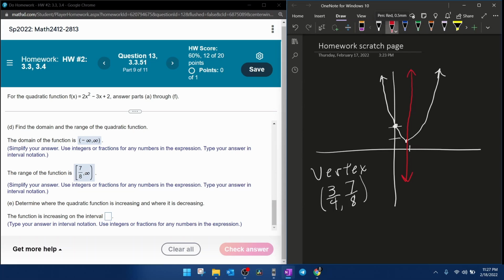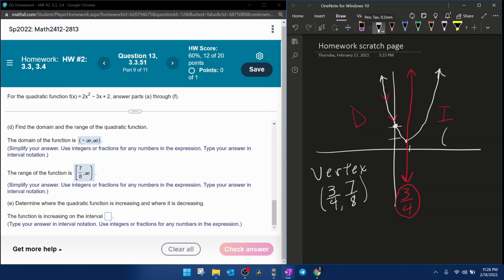That is the line that cuts the parabola in half. We know that this vertical line occurs at an x-coordinate of 3/4. We can tell by examining the graph that it is decreasing from negative infinity up to this value, and then it will increase from 3/4 to infinity.